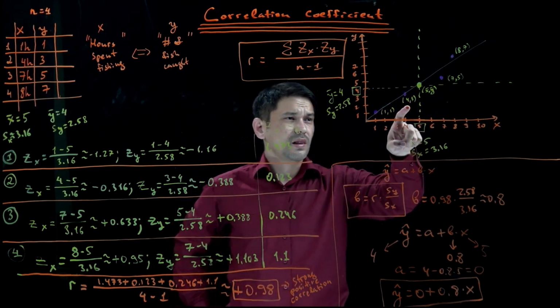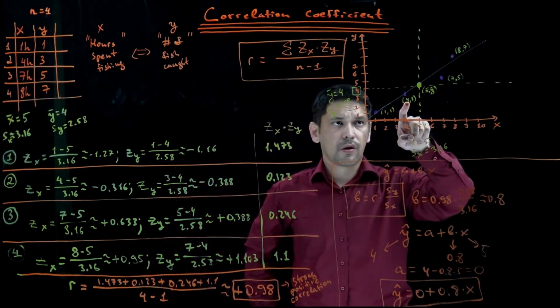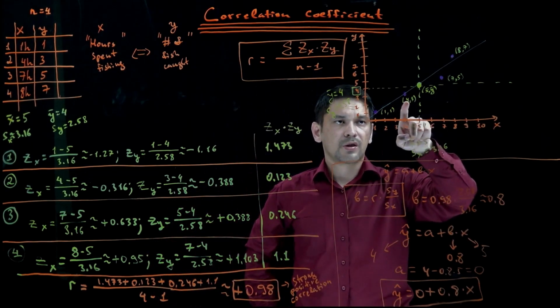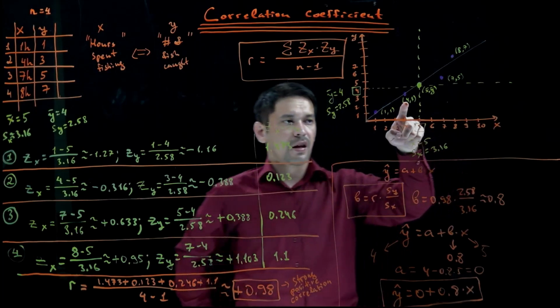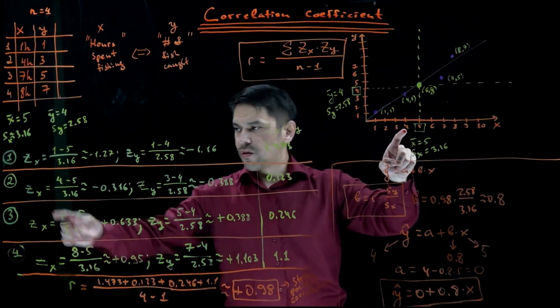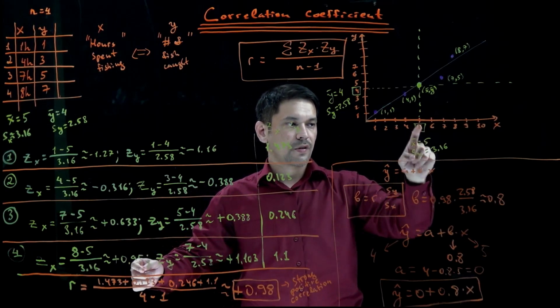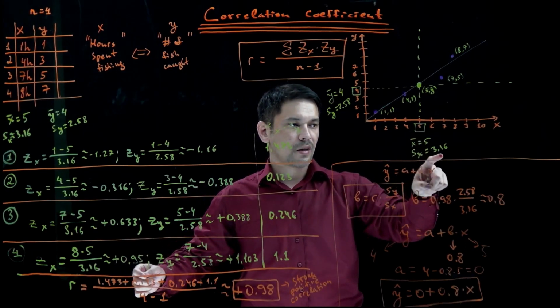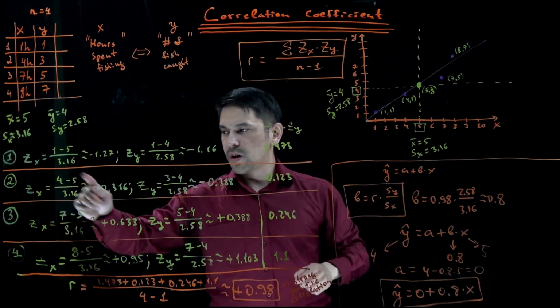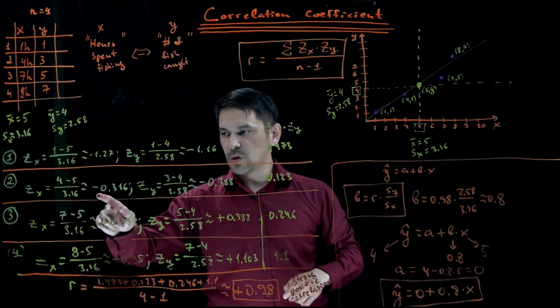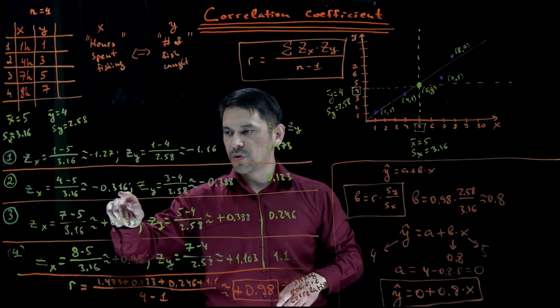The x value for this guy is 4, the y value is 3. So we calculate the z-score for his x value. So the z-score for his x value is 4 minus 5, which is the average, divided by the standard deviation for all the x values, which is 3.16. 4 minus 5 divided by 3.16 is equal to approximately minus 0.316.